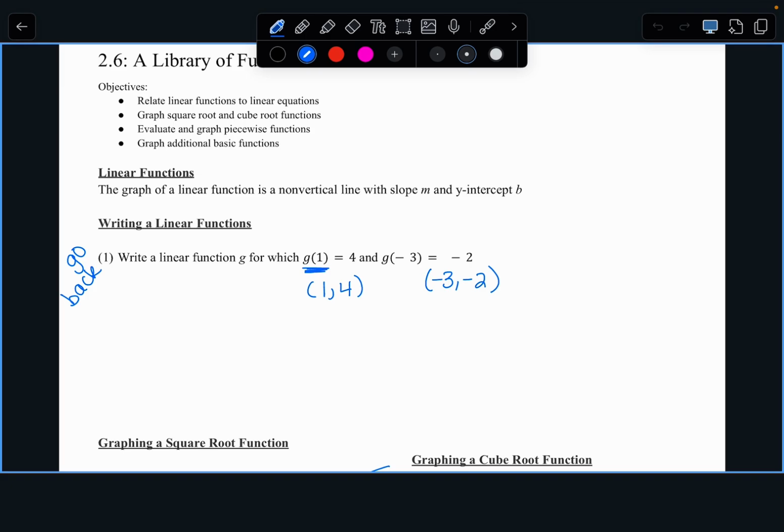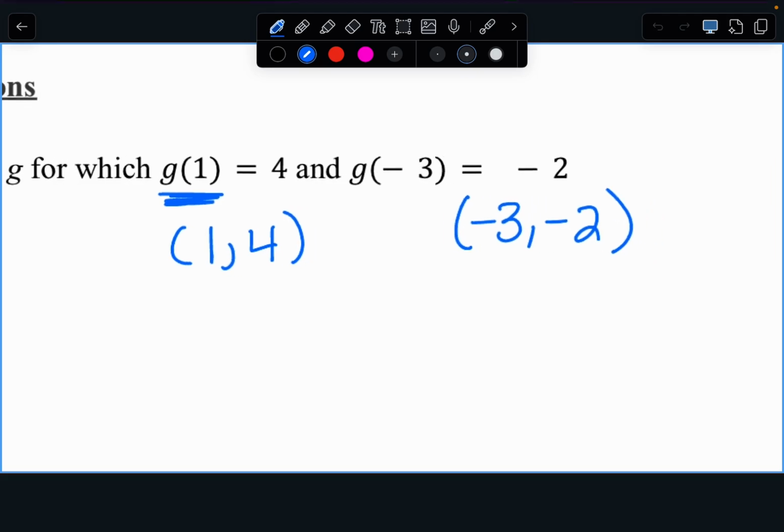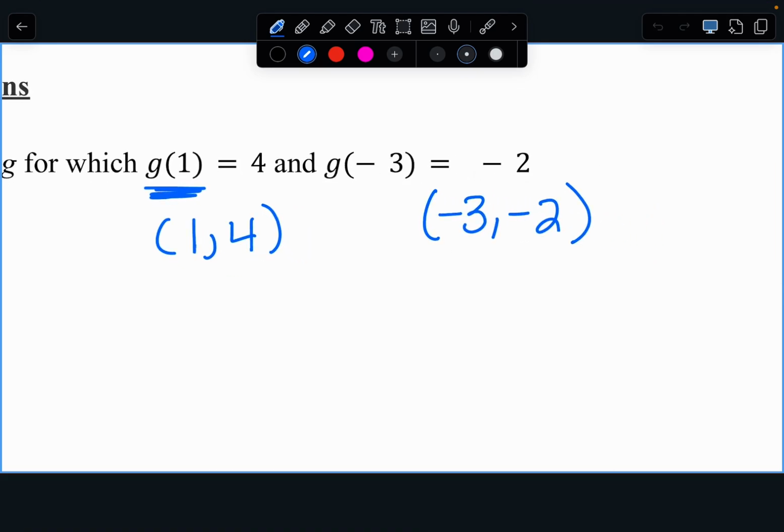When we have some information and it asks us to write a function, we can use a few different formulas. It's up to you which one you are more comfortable with. One of the things that we talked about last class, when we have g of 1 equals 4, that means that's the ordered pair (1, 4).